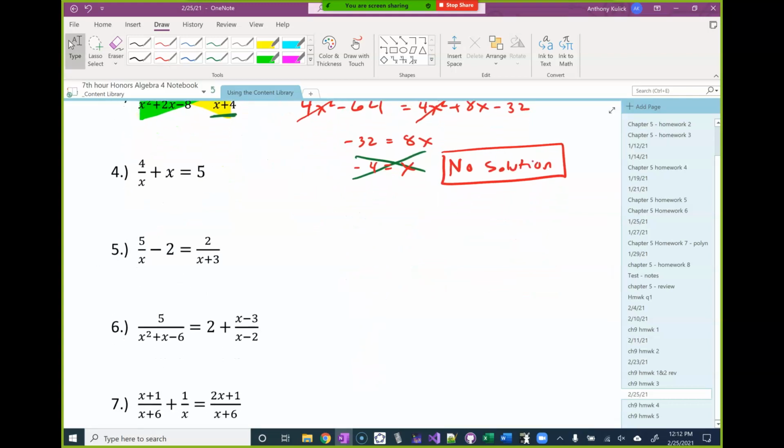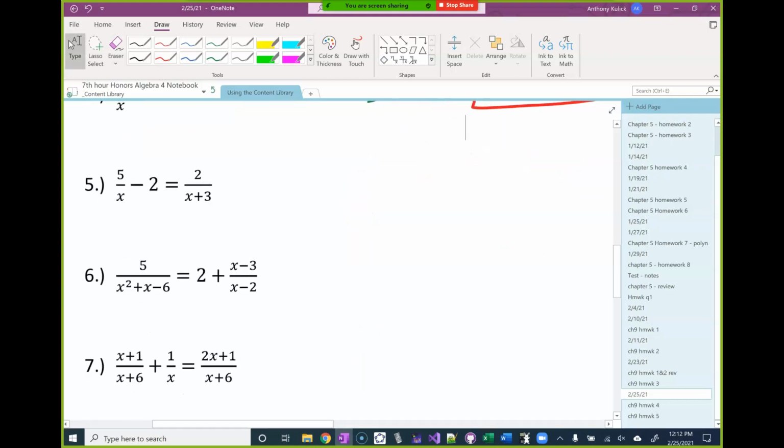So 6 is decidedly not a proportion, right? Because on the right-hand side, I have two things being added together. So I'm going to start by factoring any denominators that are possible. I see that I do have one denominator that I can factor. And now I'm going to look at the least common denominator for all of my fractions.